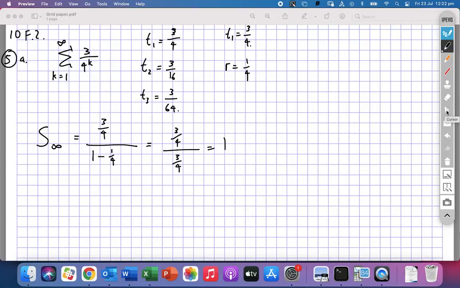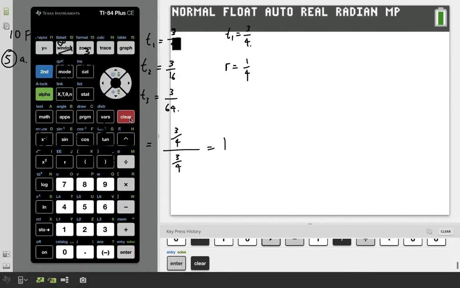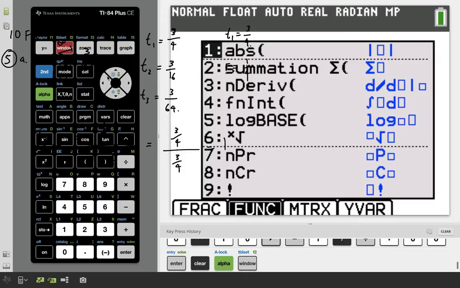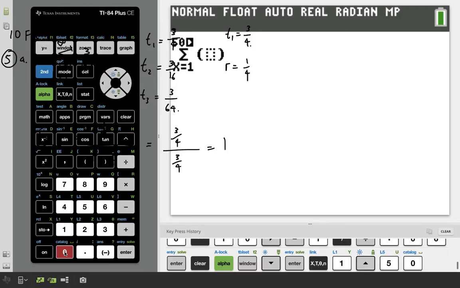Now, I just also want to remind you that on your calculator, if I go to the calculator, what will it look like? Yeah, you should be able to see what I type in. So I'm going to find my sum button using the alpha F2. It is number 2. Instead of K, we're going to use an X. Maybe we sum up 50 terms, that's probably more than enough.